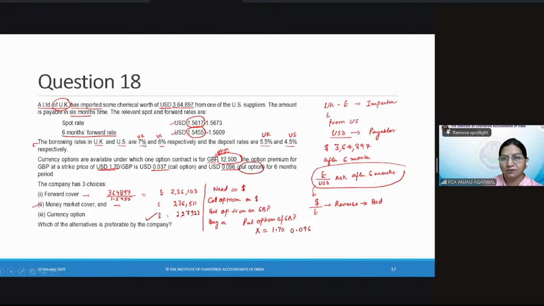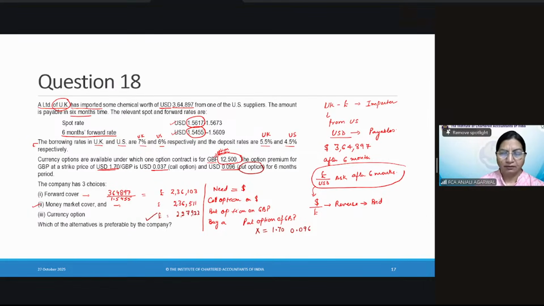So 13,062 into 1.035 to be more precise. 13,062 together with interest will become not 13,062 but 13,519. So around 450 increase in the cost under the currency option also.